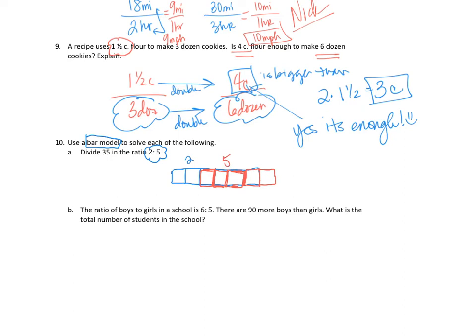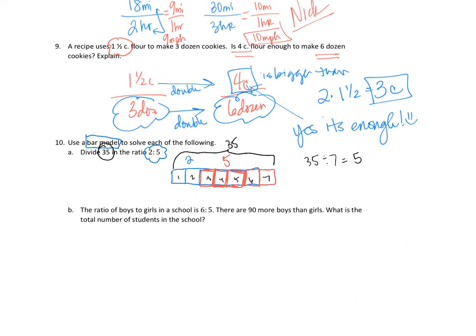So now what it says is we are talking about having a quantity of 35 things, and we want to split it into that same 2 to 5 ratio. So what we're saying is we want 35 to be split here. So we have 1, 2, 3, 4, 5, 6, 7 rectangles. So if I take 35 divided by 7, that's going to be 5.